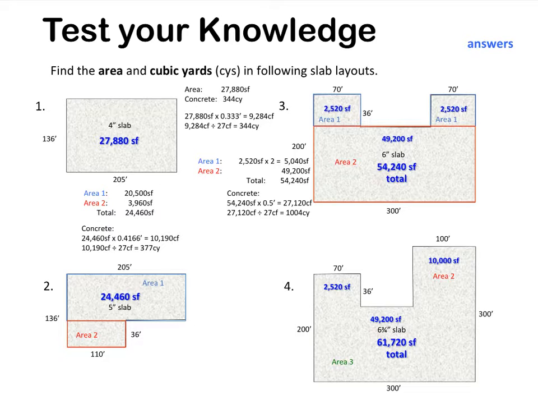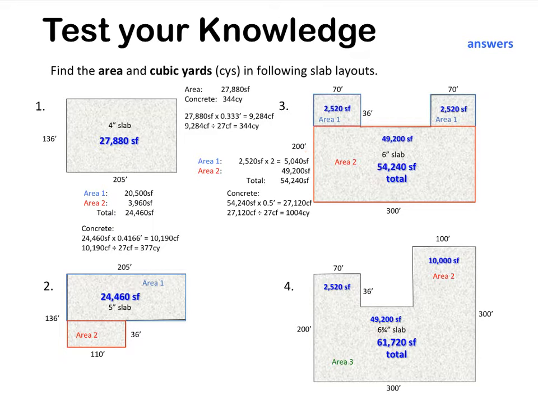You've got this area here, area 2, 49,200 square feet, get a total square footage of 54,240 square feet. Now you might be wondering, how did I get the distance for this area 2?